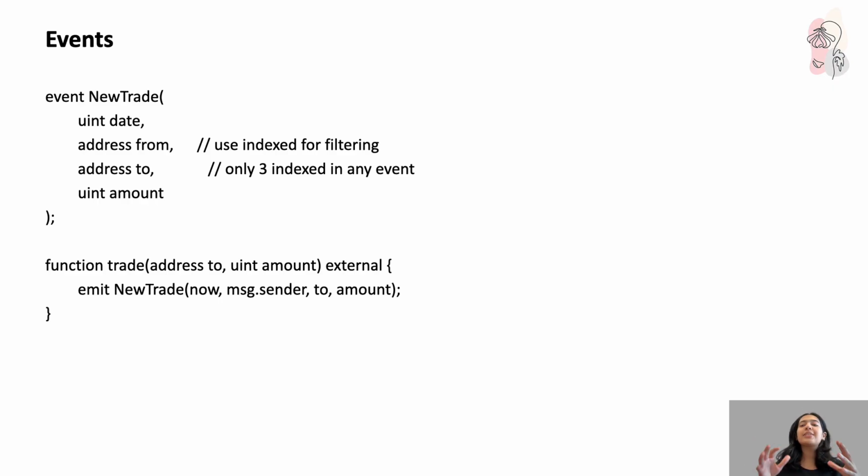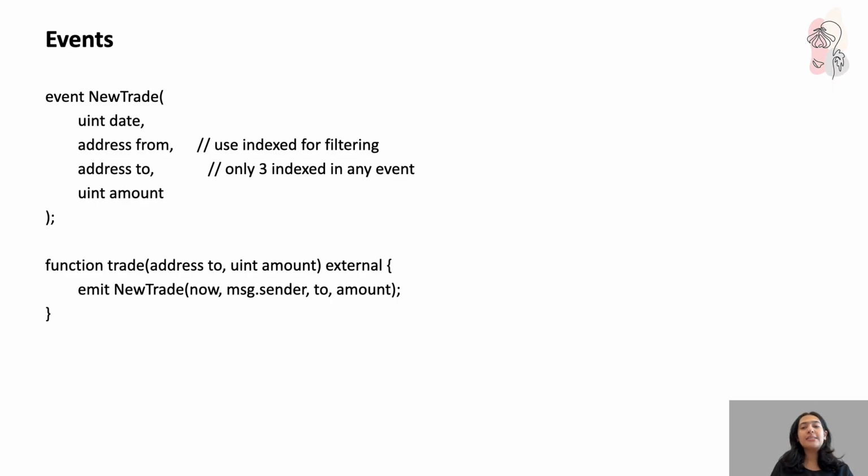So every time a trade happens, a record of it is made publicly accessible on the blockchain, but not inside the contract. This is going to be accessible through your web applications, web front ends, and mobile applications, but this data is not going to be visible in your contract itself because this is event data.